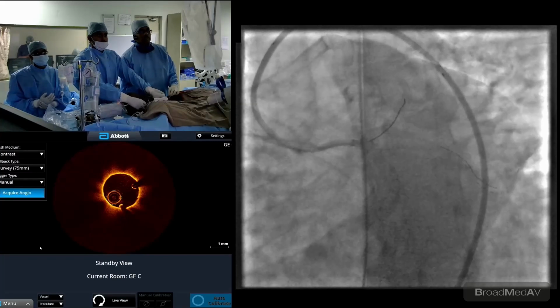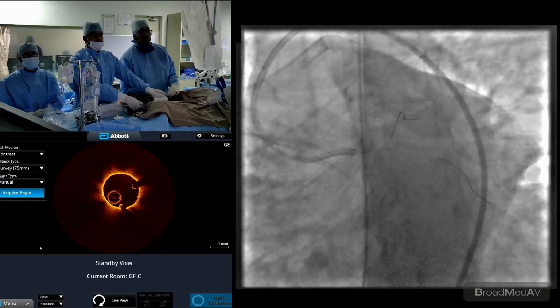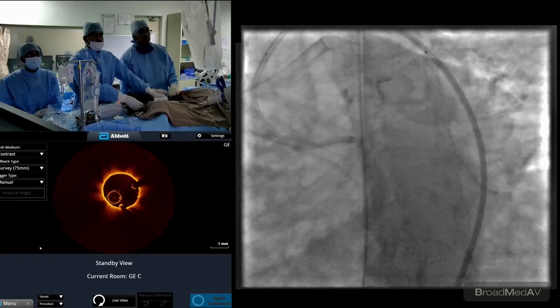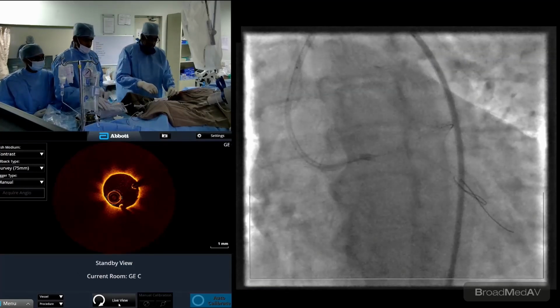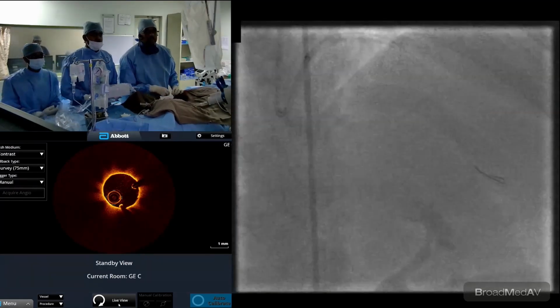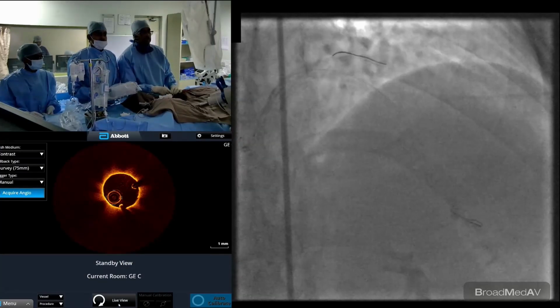So we had some technical issue with the catheter, and put the loop in, so we have not done anything else. Okay. And show me the distal LAD. Okay, very good. Okay, hopefully we should get a picture now.